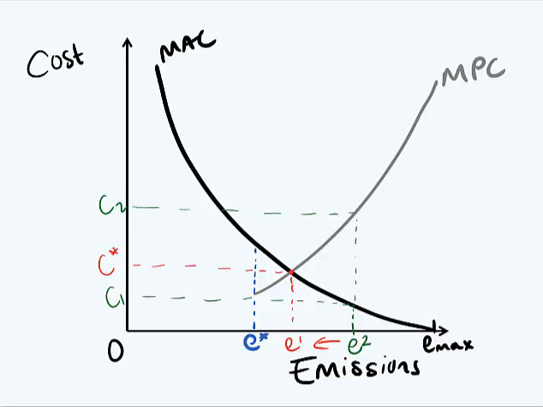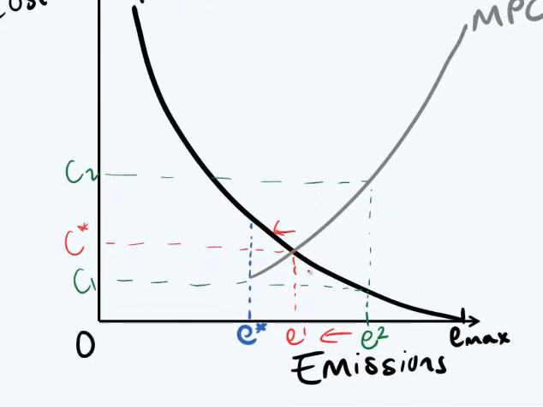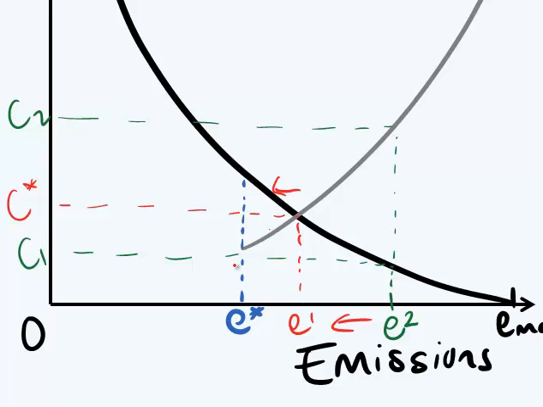So I'm at the place that I don't want to reduce any further, because going to the left of this point would mean that I pay more in marginal abatement cost than my penalty.